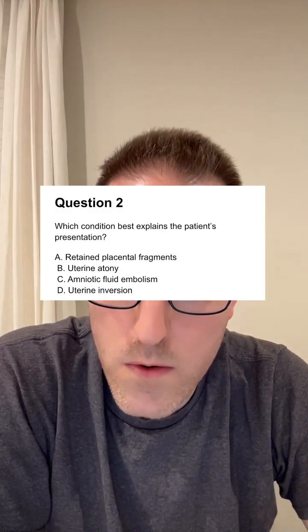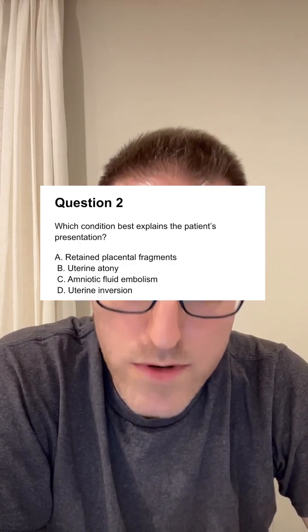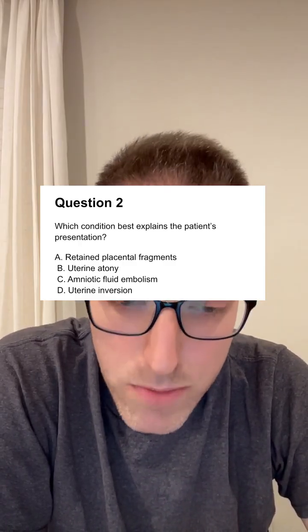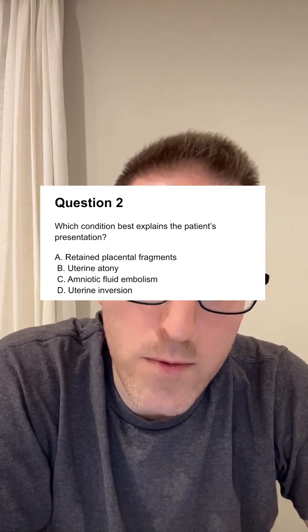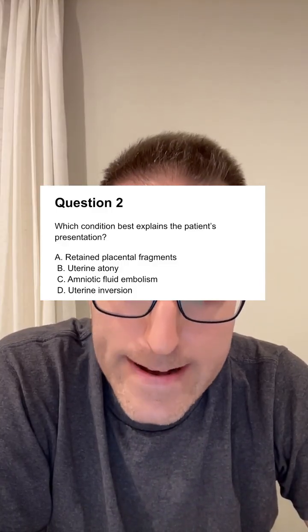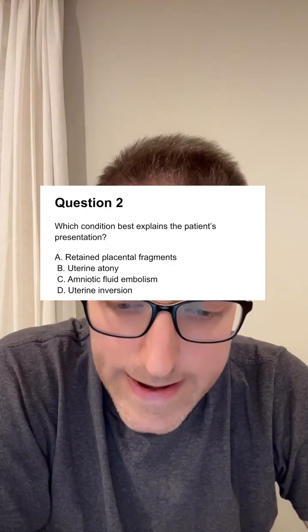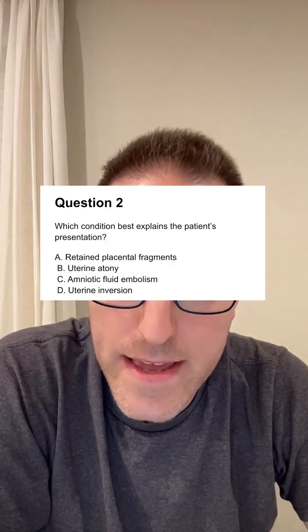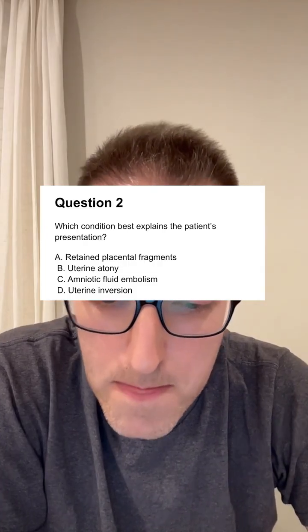B often does present with a soft, boggy uterus and heavy bleeding, especially after prolonged labor. What else? Uterine overdistension, like a large baby, oxytocin use. So that is why B is our answer here.